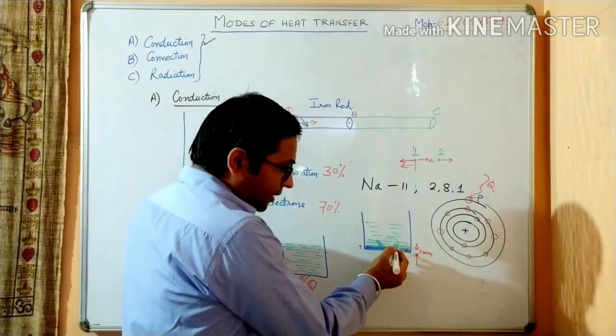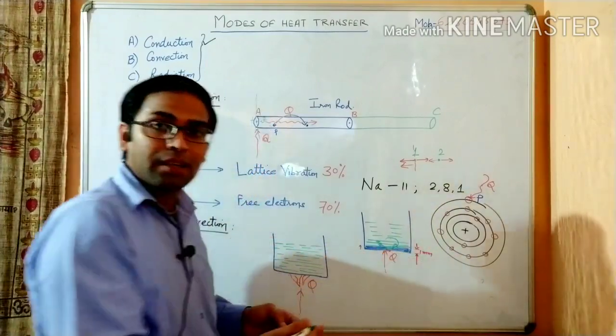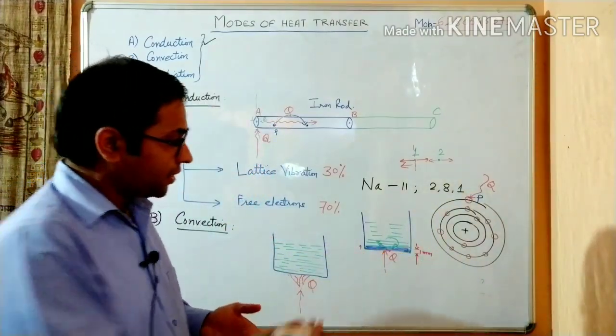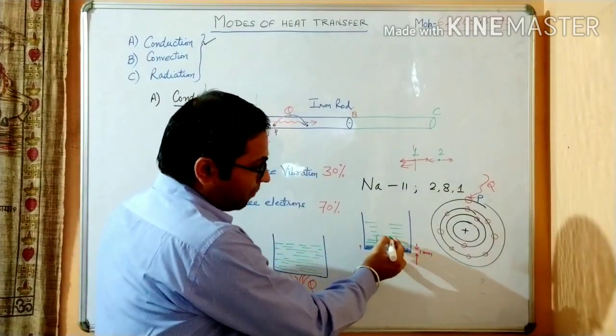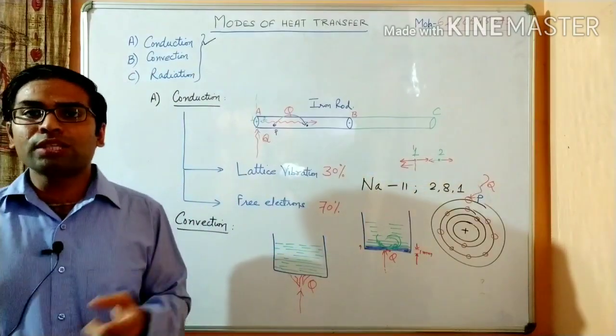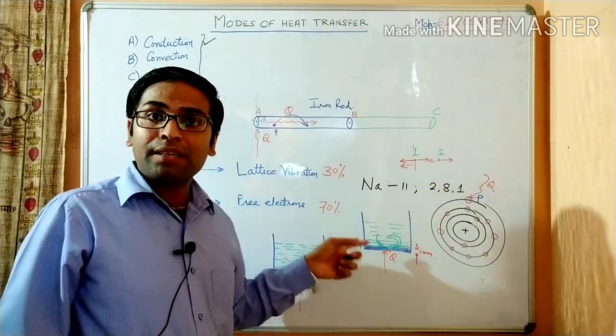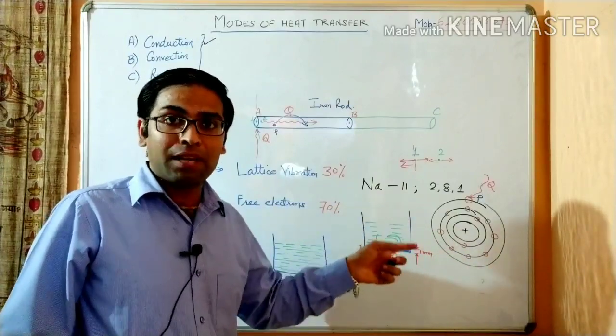When this liquid reaches here, it gets heat, it becomes lesser in density, and it is again replaced by the surrounding fluid. So this way the circular movement gets started within the bulk.